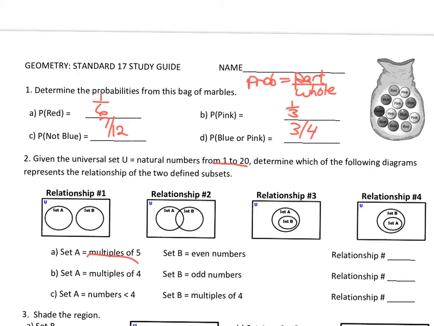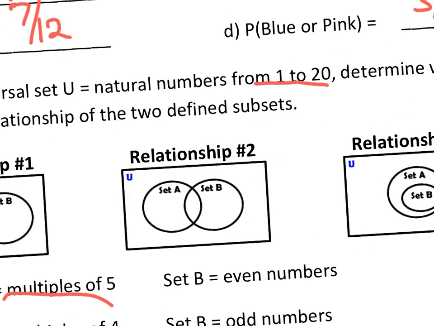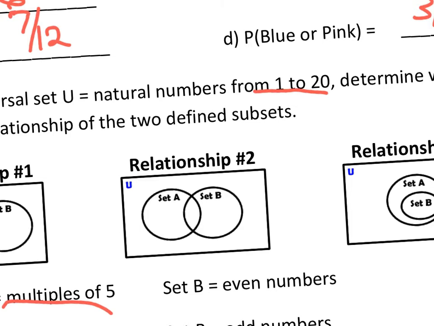The even numbers would be 2, 4, 6, 8, 10, so we see that the relationship for this first one would be 2, because, for instance, they would share some even numbers such as 10 and 20, but then it would not share numbers like 5 and 15.